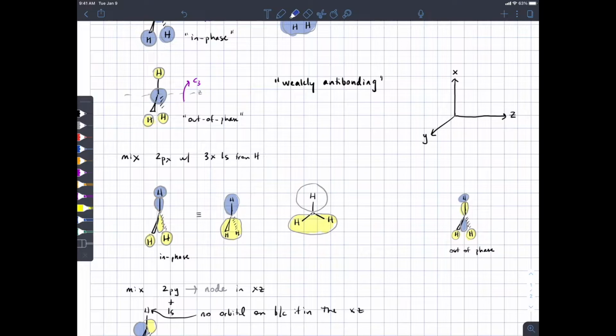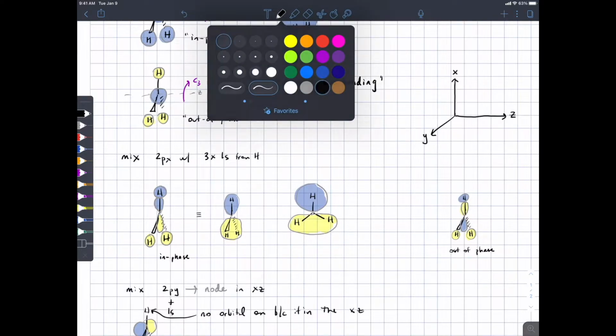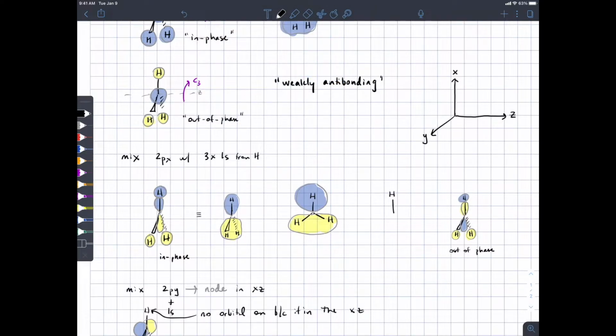Or if you wanted to draw it out schematically like we've done before, where you can see each of the individual atomic orbitals that we mixed together to make this molecular orbital, we would have the p orbital here.